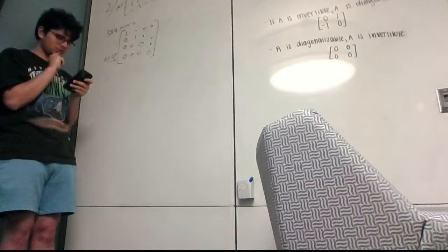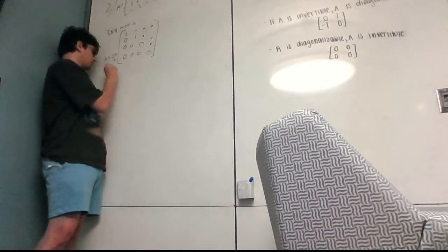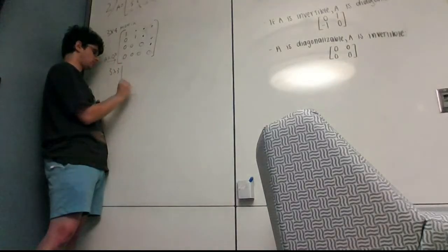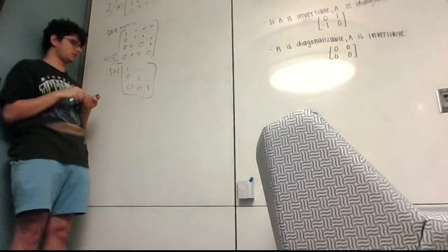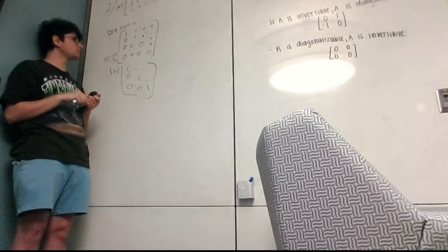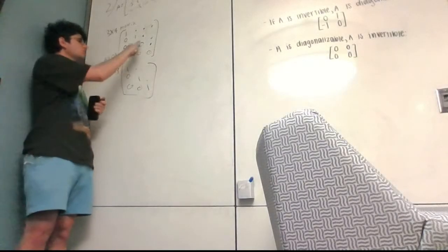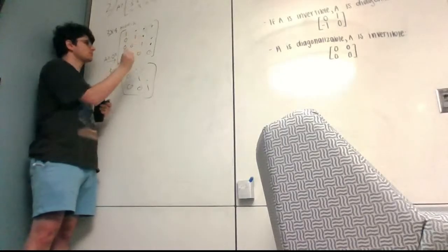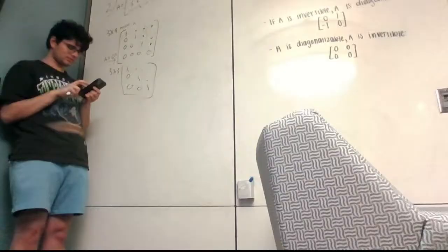It's easier to work with a square matrix because, for example, if we have a 3x3 matrix, row echelon form would literally just be this. For a 3x4, wait, wouldn't it just be? Okay, let me clarify. Maybe I'm wrong. Maybe I'm right.